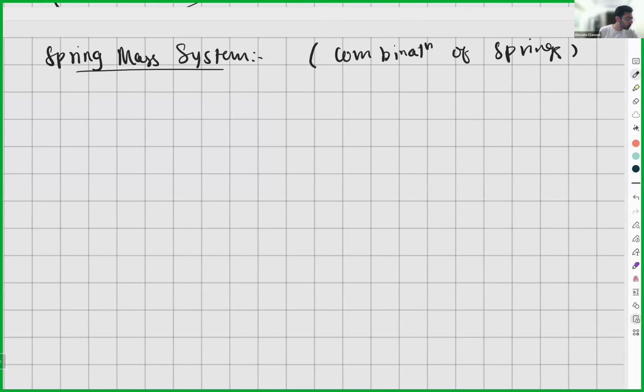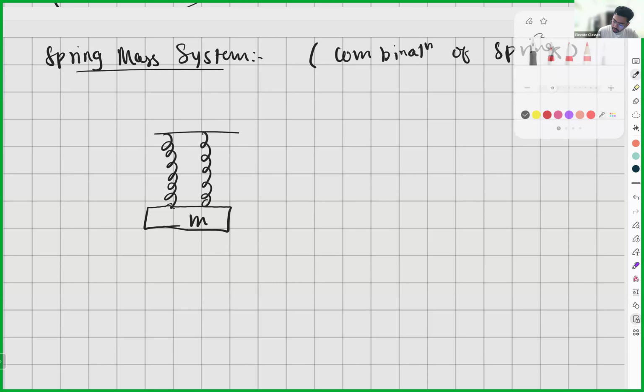It is common sense that if you have a system like this, connected by two springs, spring 1 has a spring constant K1, spring 2 has a spring constant K2.